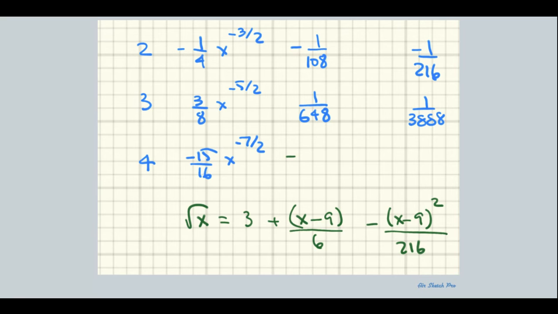So I'll rewrite this in a second. 3 to the 6th power times 16 is 11664. Yeah, that's what it is. Negative 5 over 11664.